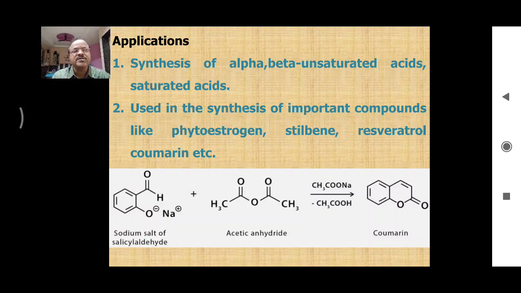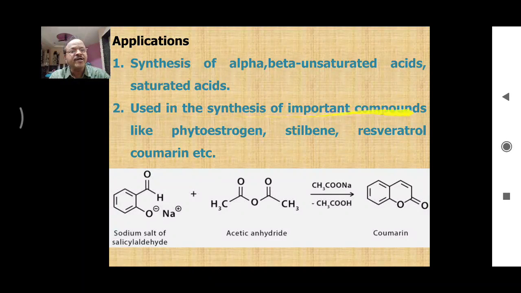Now let us discuss the applications of Perkin reaction. The important application is in the synthesis of alpha beta unsaturated acids. Even we can prepare saturated acids, or we can obtain unsaturated hydrocarbons also.